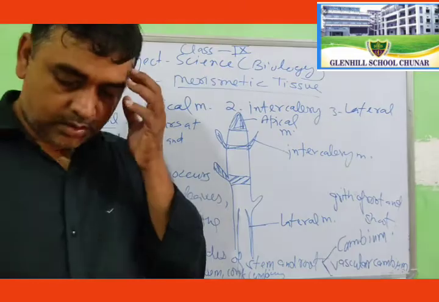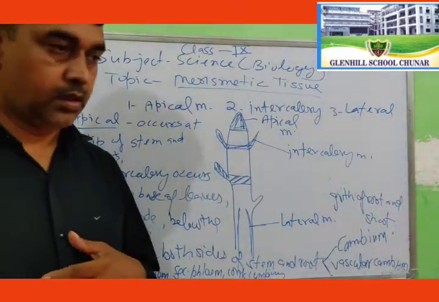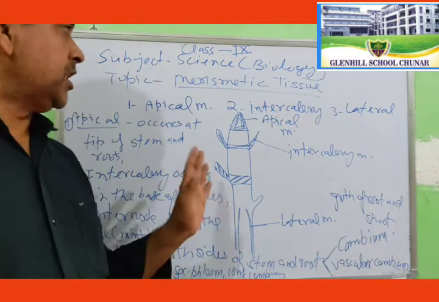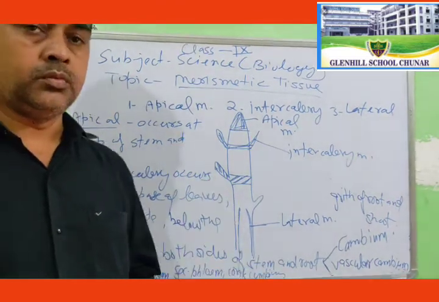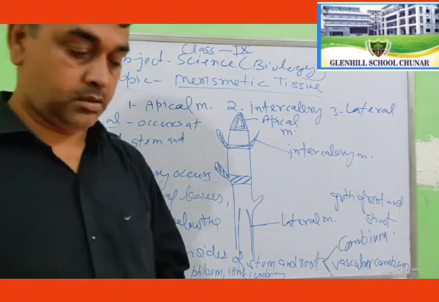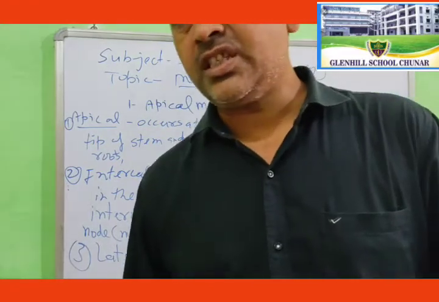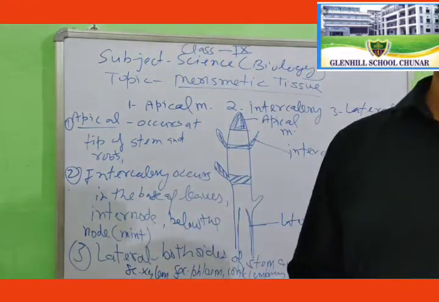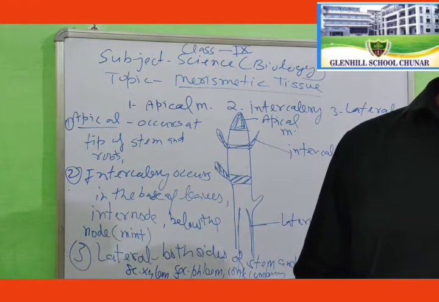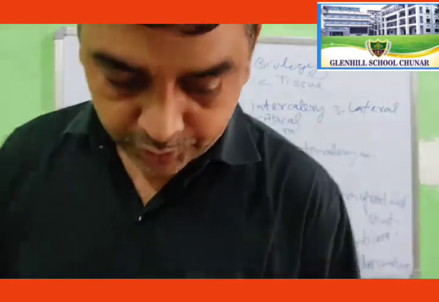Okay, now student, after meristematic tissue, the cells mature and do not divide again. So these types of tissue which do not divide are called permanent tissue.